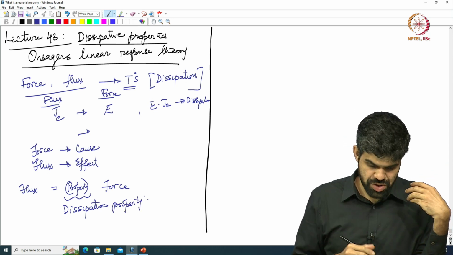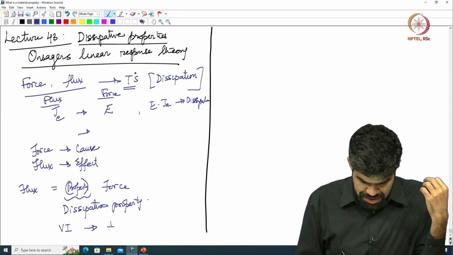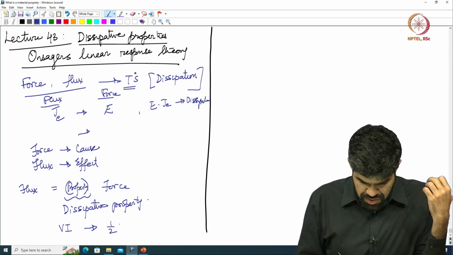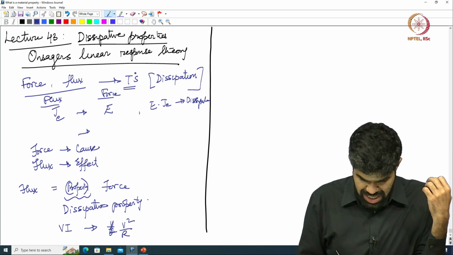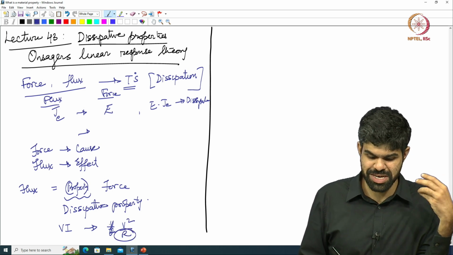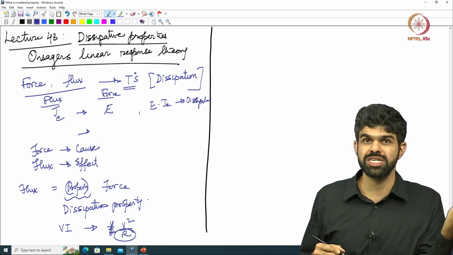In some sense, if I have Vi, I am also going to write it as, with V equal to I R, I square R or V square by R, right. So the magnitude of resistance tells me how much dissipation I am going to have, right. So smaller the resistance, more is going to be the dissipation.